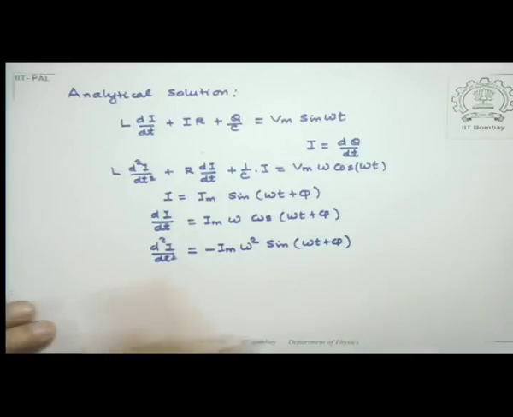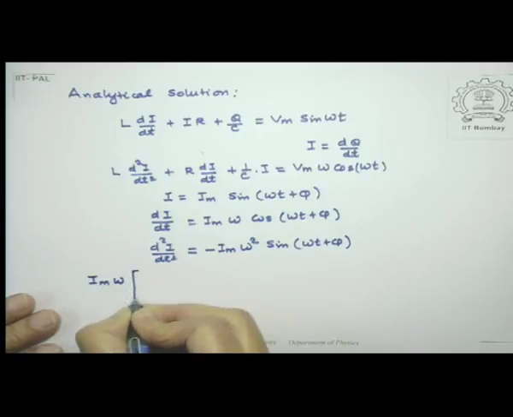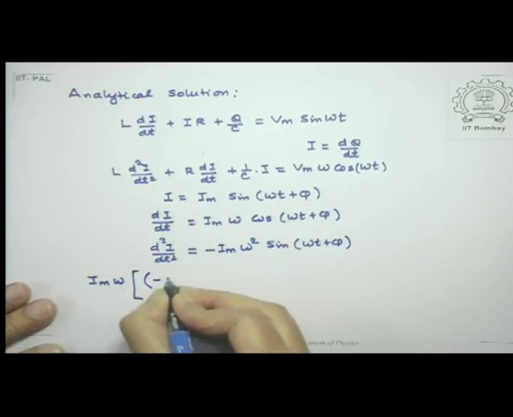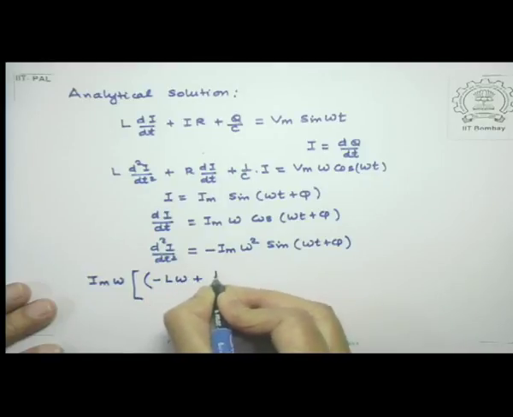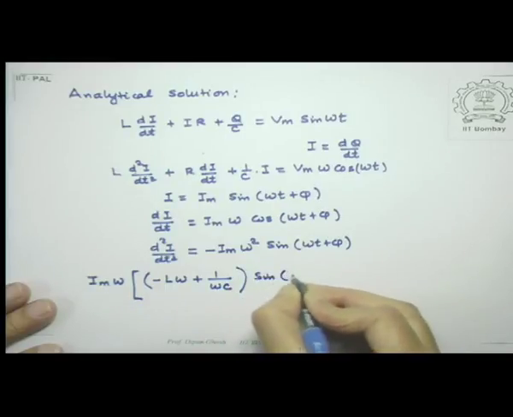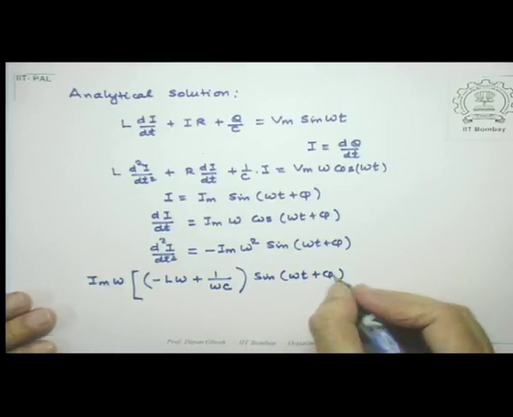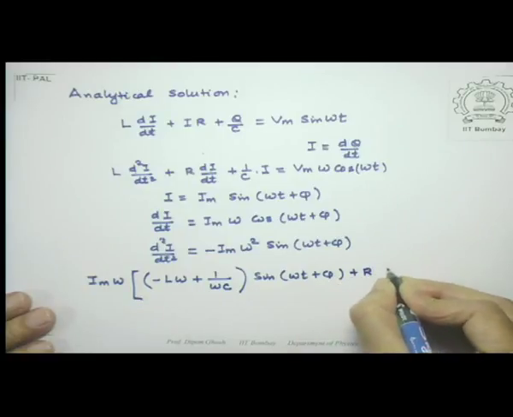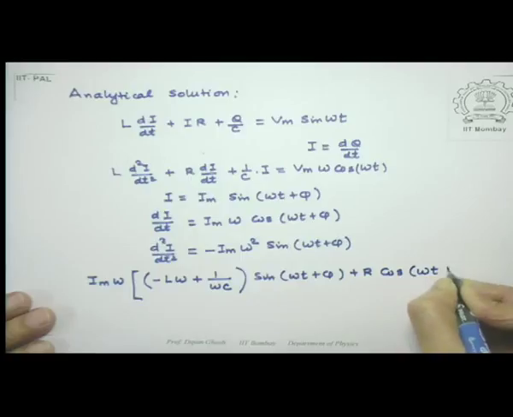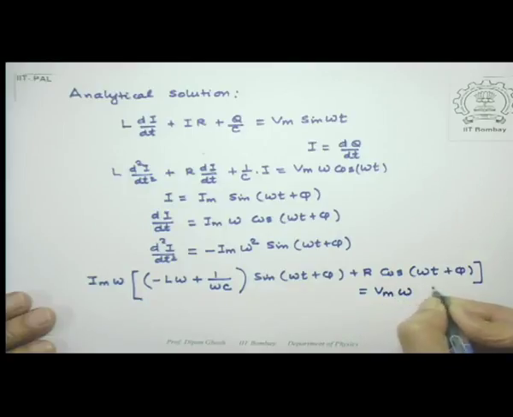And if you substitute these things into the equation that we have, I get Im omega, minus L omega plus 1 over omega c, times sine of omega t plus phi, then plus r cosine of omega t plus phi, that's equal to Vm omega cosine of omega t.